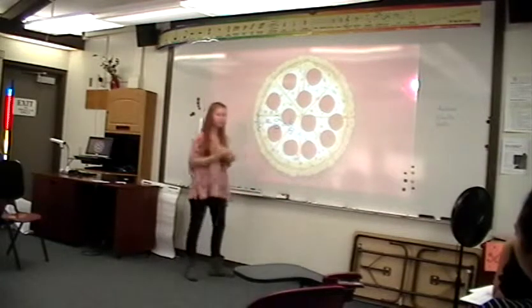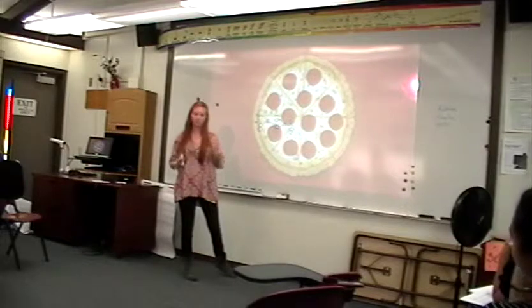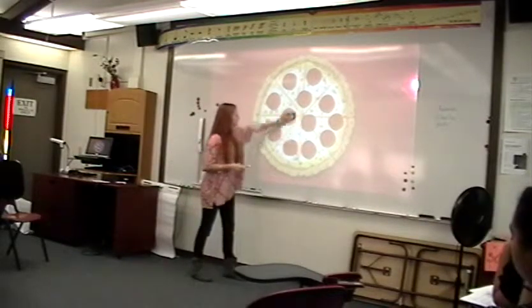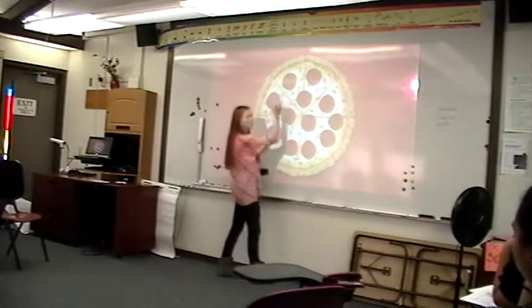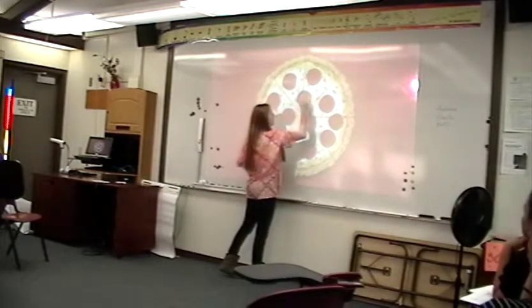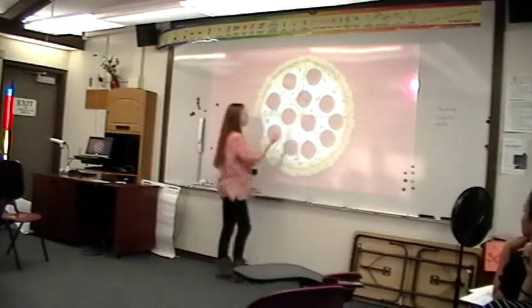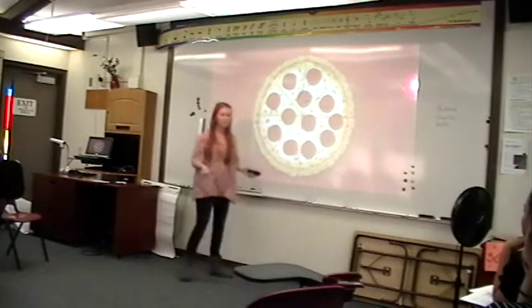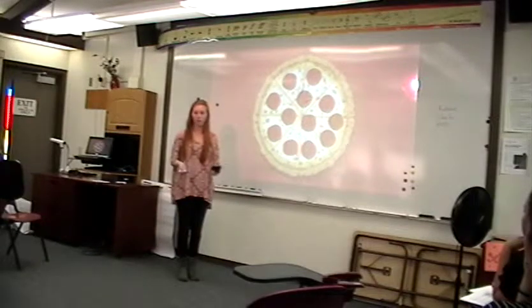Perfect. We're not going to go into simplifying in this lesson because we're going to learn the basics. But that's right. So we have a whole pizza, and if I give Sheila 2 of my slices, then I only have 1, 2, 3, 4, 5, 6. And that's basically how you would do that problem.